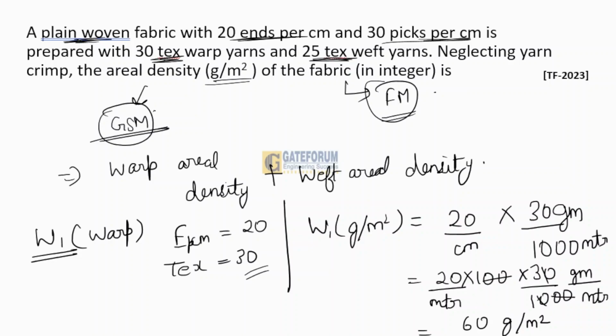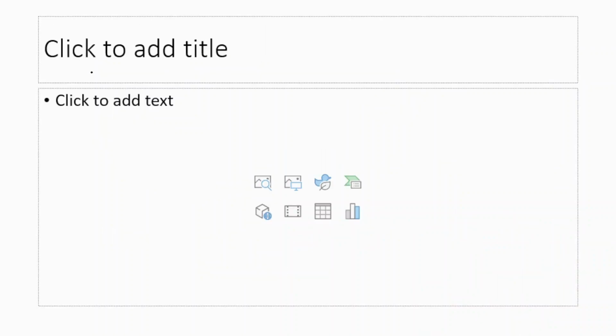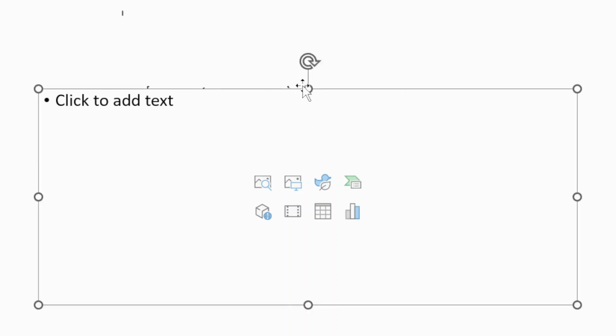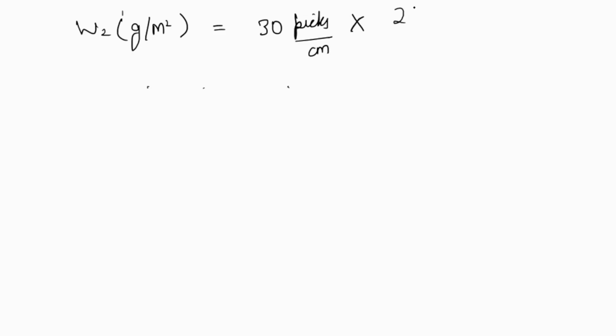Similarly, we do the W2 calculation. W2 in gram per meter square is basically 30 picks per centimeter into 25 gram per 1000 meter.